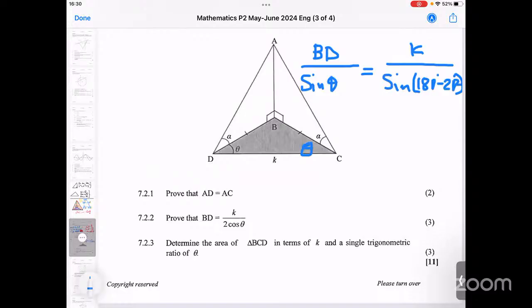Yes. So that means BD equals, then you can cross multiply and say K sine of that. Then you can still say in which quadrant does sine of 180 minus an angle fall? The second quadrant, sir. Is sine positive or negative? It's negative. It's negative, sir.